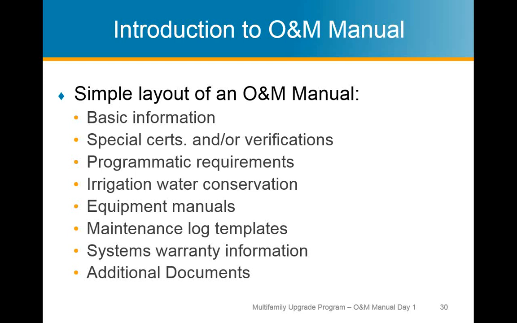And then special certifications and/or verifications. Obviously, that is highly building specific. So whatever makes sense for your building to put into that section should go there towards the front and be one of the first things people see after looking at the basic information.